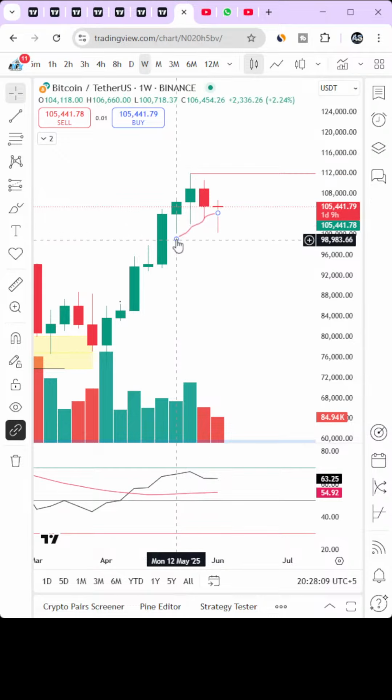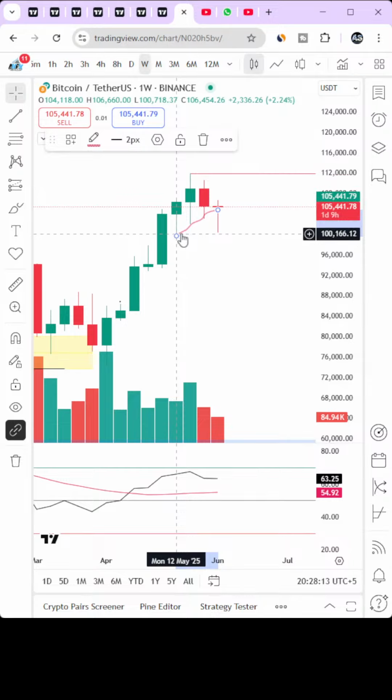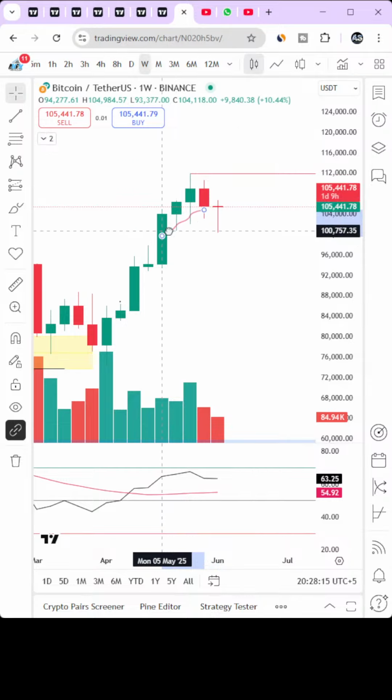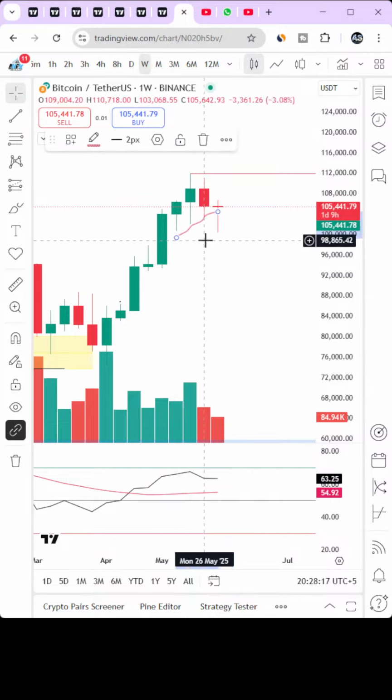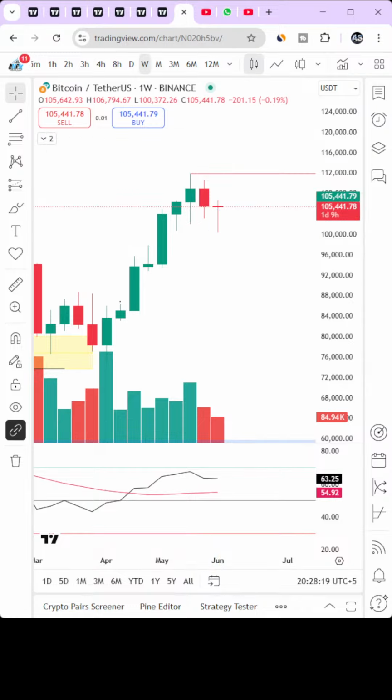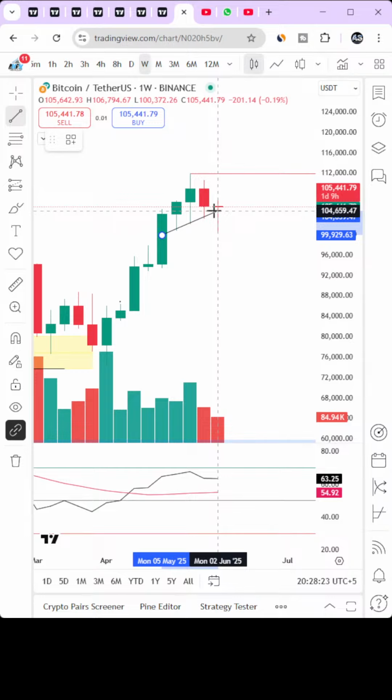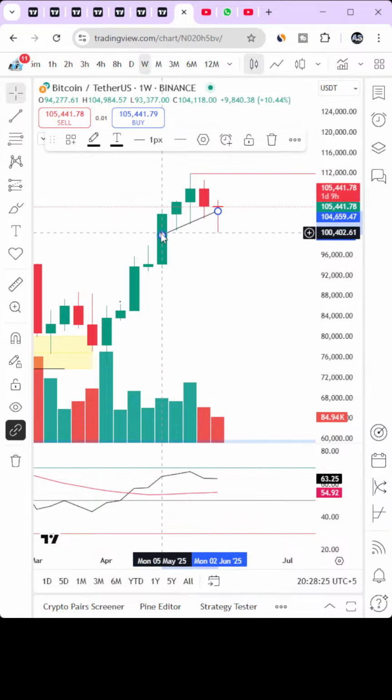Now I'm showing you by moving to the smaller time frames. Let me place a trend line here. This is the liquidity.